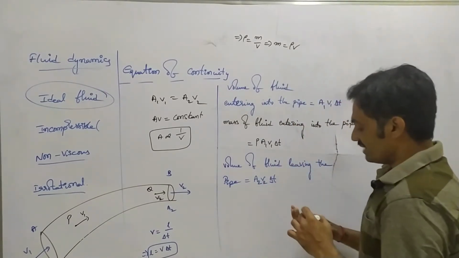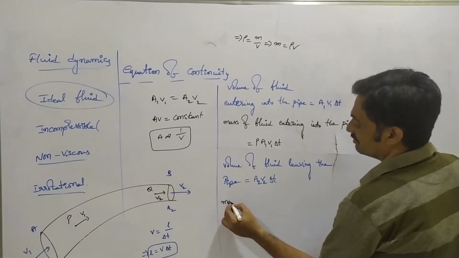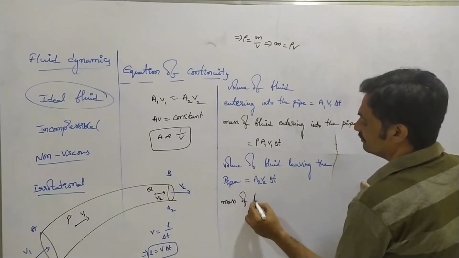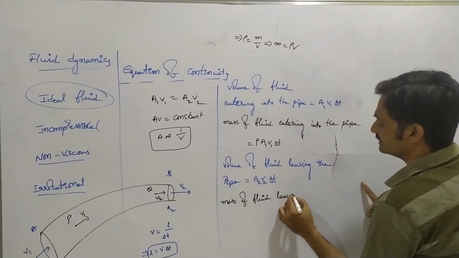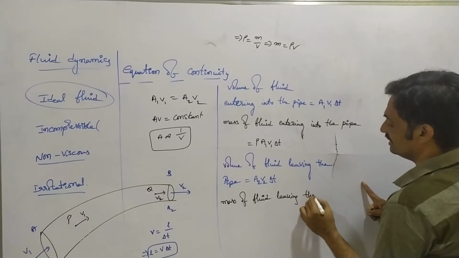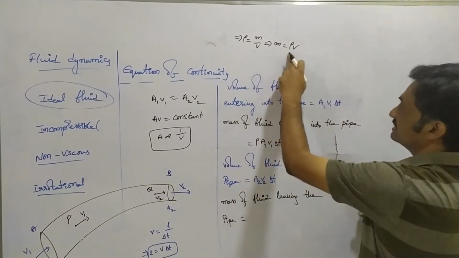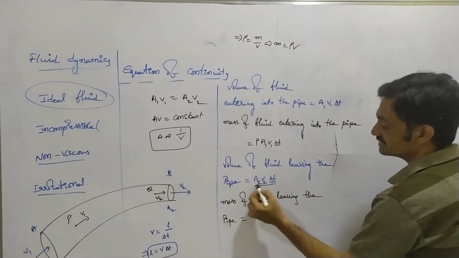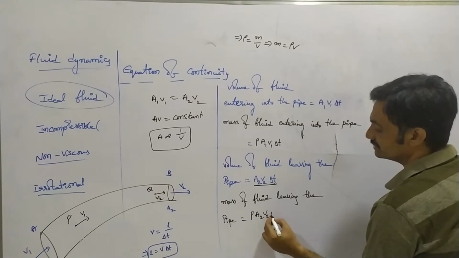Now we have to represent the mass of fluid leaving the pipe. Mass equals density into volume, where volume is A2 V2 into delta t, so rho into A2 V2 delta t.